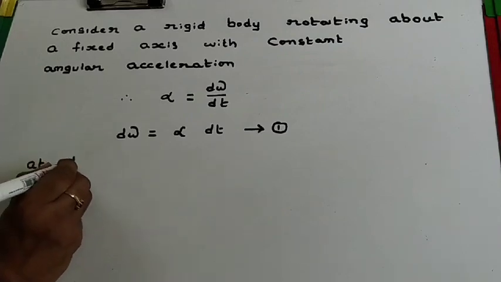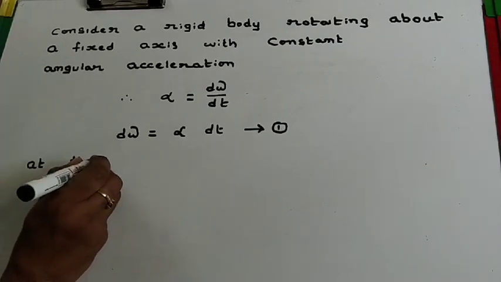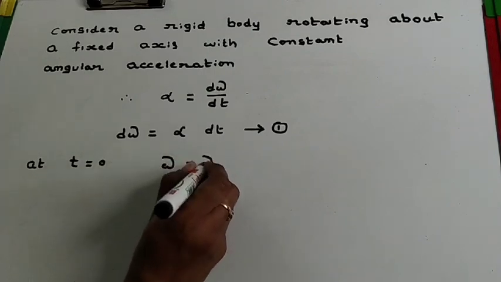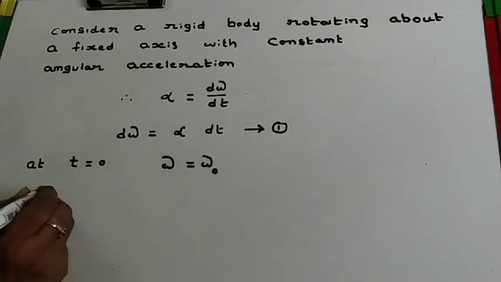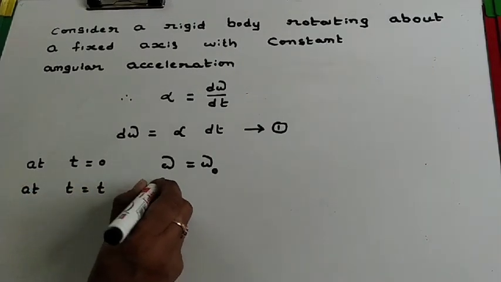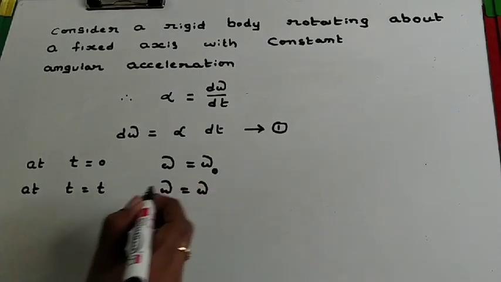At small t is equal to 0, omega is equal to omega naught, and at small t is equal to t, in that case omega is equal to omega.